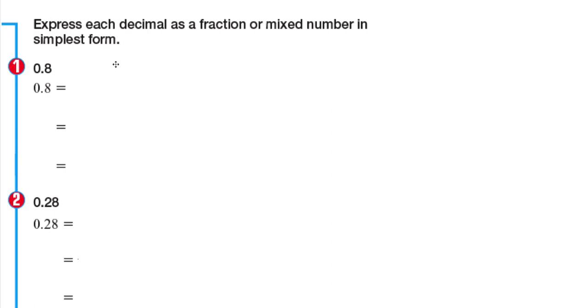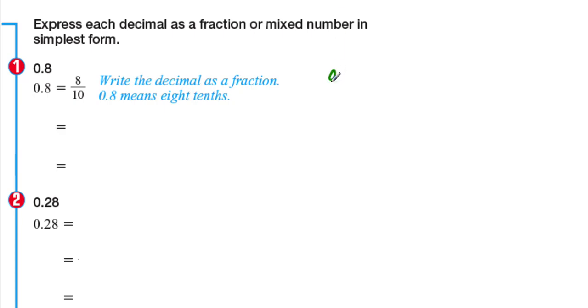Express each decimal as a fraction or mixed number in simplest form. 0.8. We want to express this as a fraction, and we know that 8 is in the tenths place. Therefore, this becomes 8 over 10. And we simplify this by using prime factorization. So this now becomes 2 times 2 times 2, and this is 2 times 5.